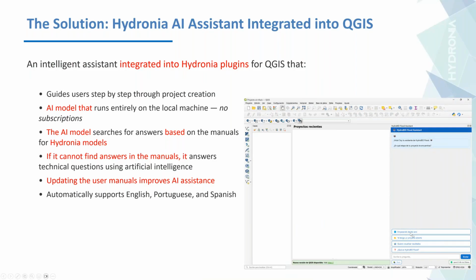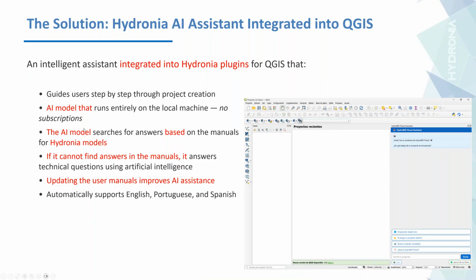The user will have simple questions and answers. This is, by the way, in Spanish because this is the first version that we have. If you are starting from scratch, or you have already one project, or you want to visualize results, or you want to ask questions about the model, then you have predetermined questions that you can enter here, and you will be guided to answer those questions.